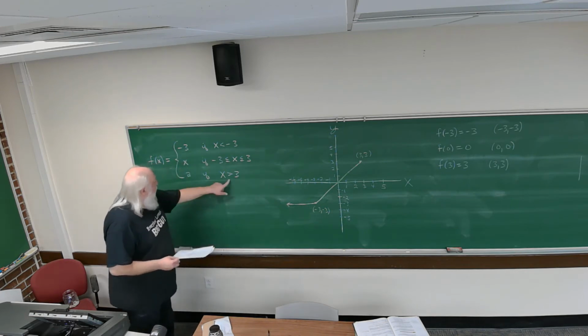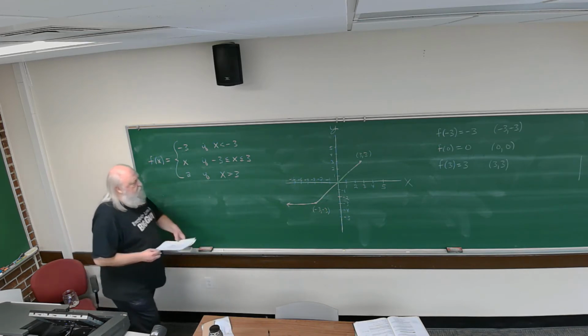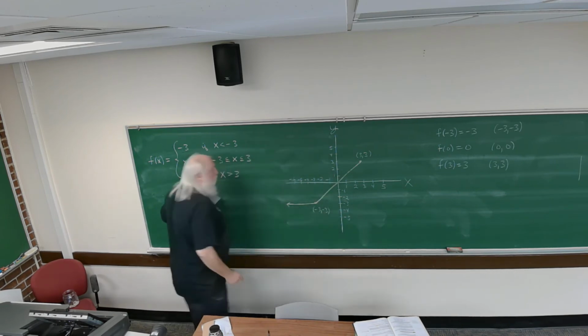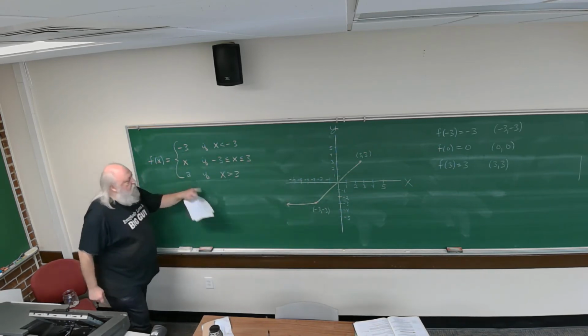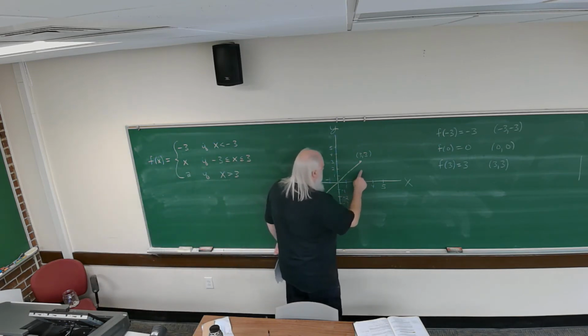For x greater than 3, f of x is equal to 2. Here, all the y coordinates are equal to plus 2. So here's x equals 3, and all the y coordinates for x greater than 3 are equal to 2.